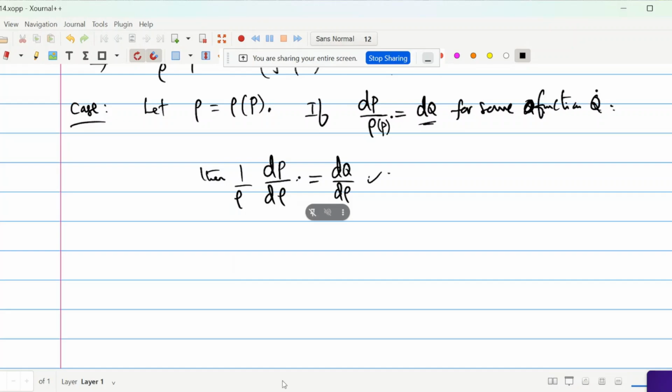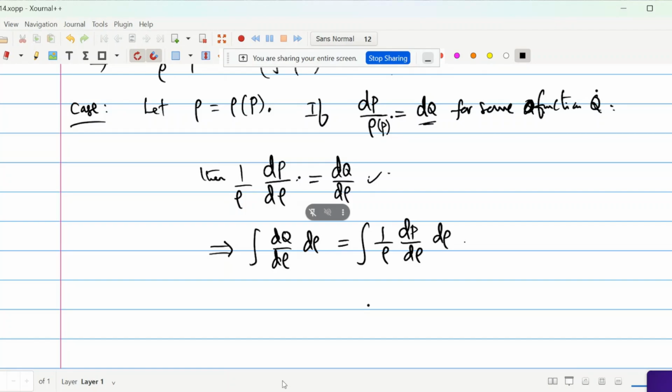From this, I can integrate both sides, right? So you integrate dq by d rho into d rho, with respect to rho. What I did on the right hand side, the left hand side you should do too: 1 by rho dp by d rho into d rho.